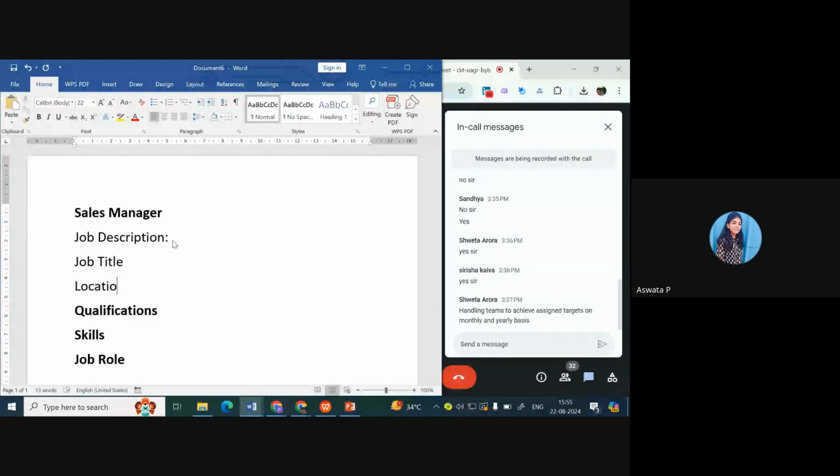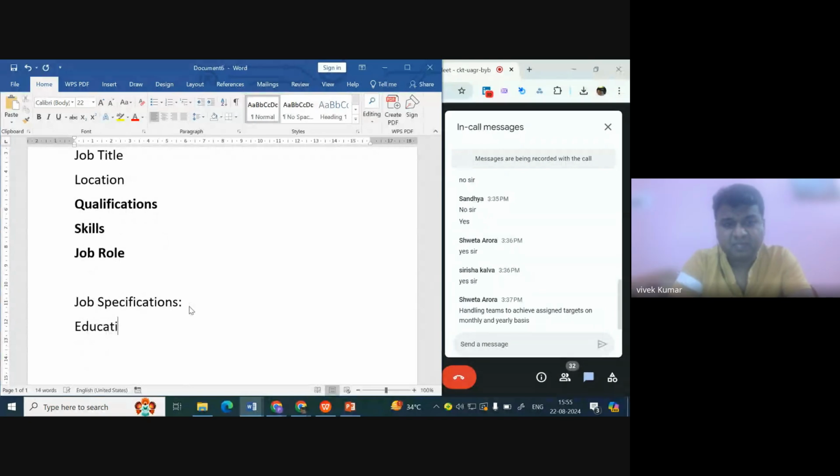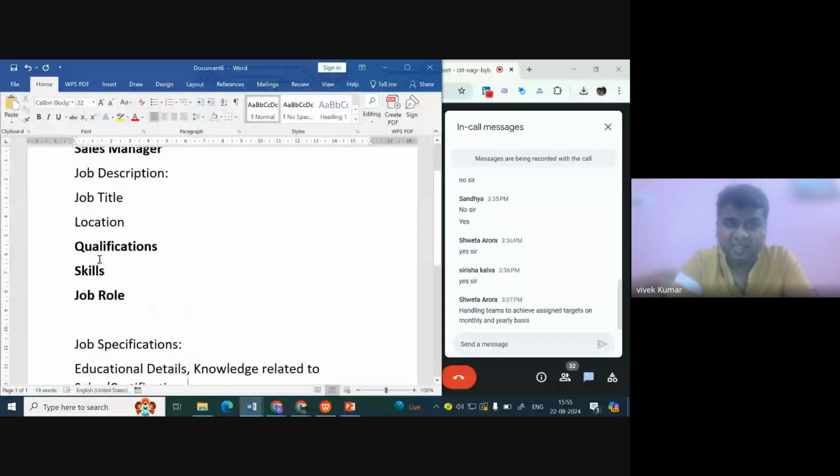In job specification, we can add their educational details, and their knowledge related to sales, like their certifications and like that. If particularly we need their specifications like that, we can add in that. Okay. Anyone has any other thoughts?